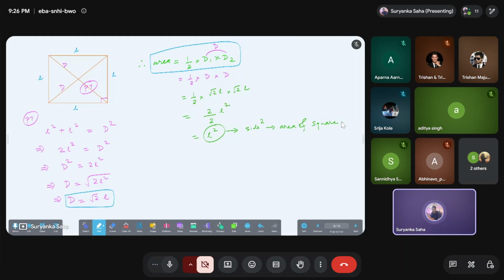And you know area of a square is L into L, side into side, that is side square, so that is proved. The half into d1 into d2 formula works for both rhombus as well as square.